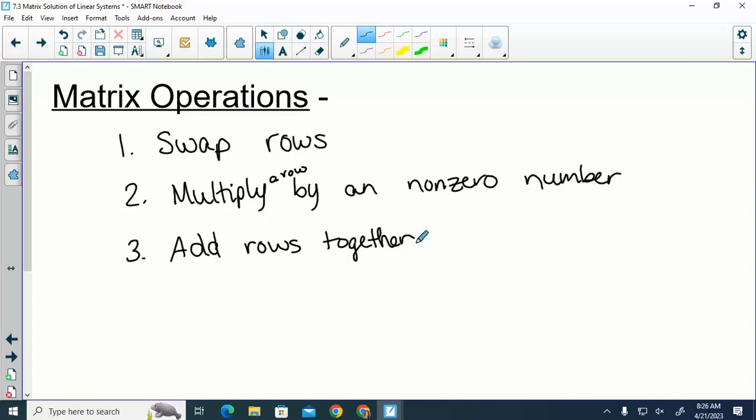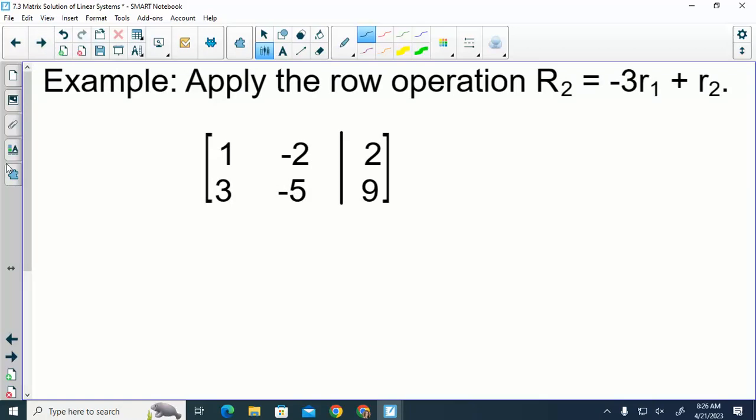First, I just want to talk about how these will be written so we know what the row operation is. So notation, you'll have a matrix and it'll give you, or we will come up with, a row operation. When I see this capital R2, what do you think that stands for? Row 2. So that means in my matrix, I am going to change row 2.